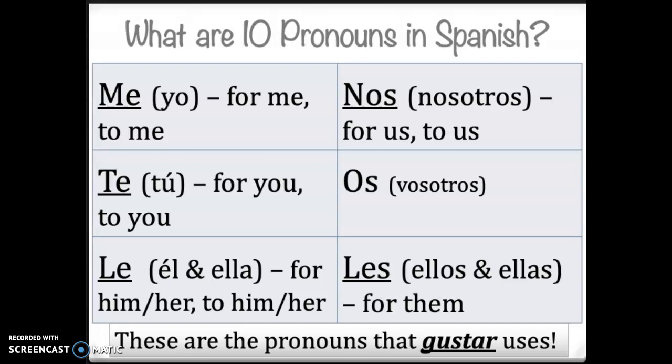The indirect object pronoun nos answers for us or to us. Okay? The indirect object pronoun os answers for vosotros. The indirect object pronoun les answers for them.